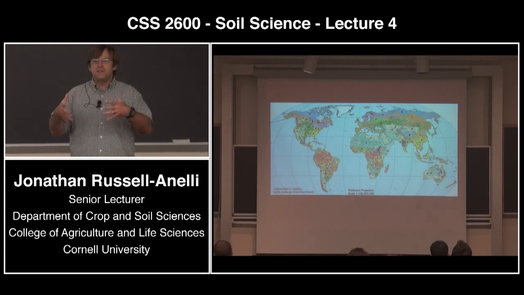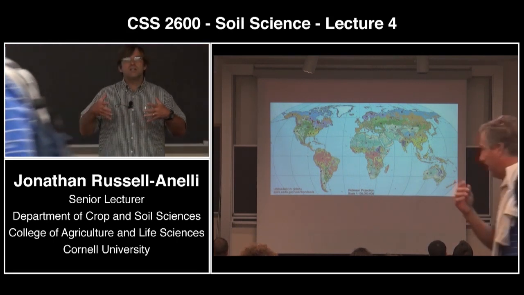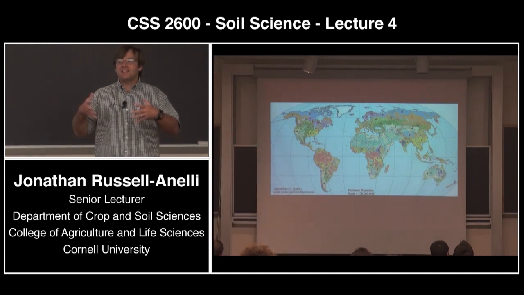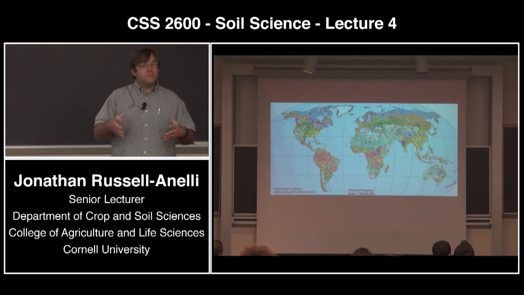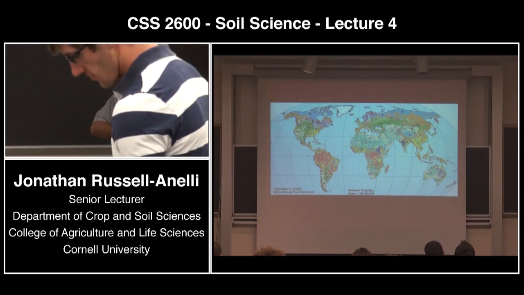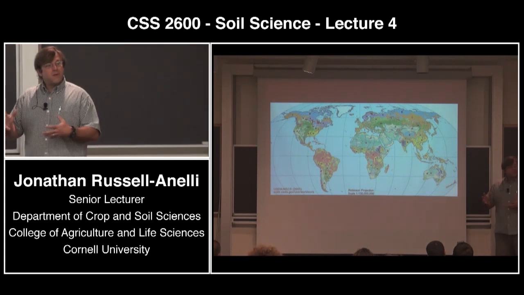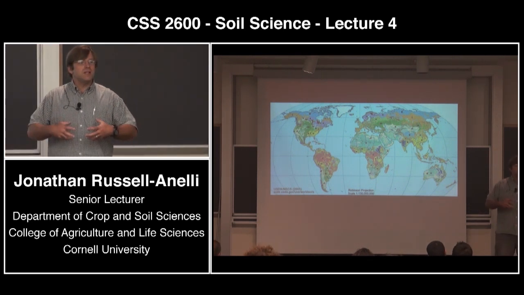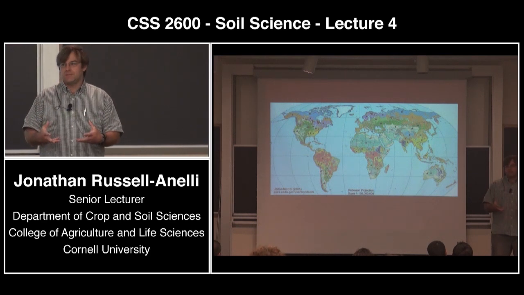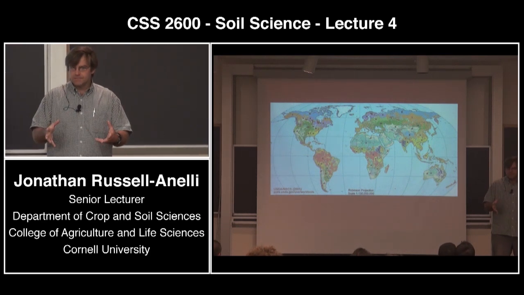What are the things, the conditions, the activities on the planet that basically control the distribution of soils? I can spin that a different way: what are those things that basically create the soils in the character that we see them? Does that make sense?